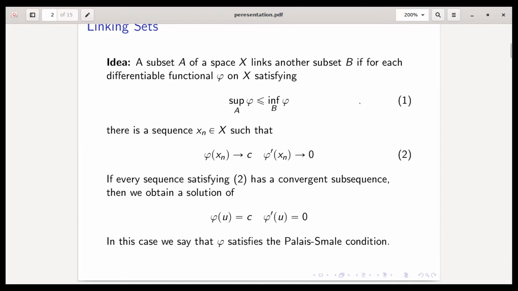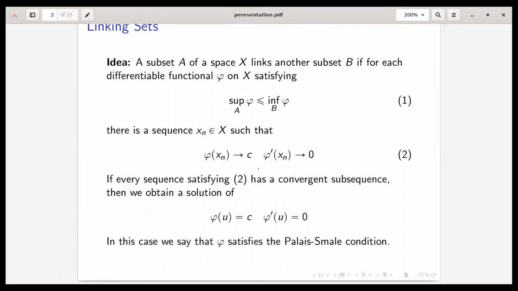So it will provide us such a sequence. Now, if we can verify that the functional satisfies the Palais-Smale condition, then we get the critical point. That's the whole idea of this theory.